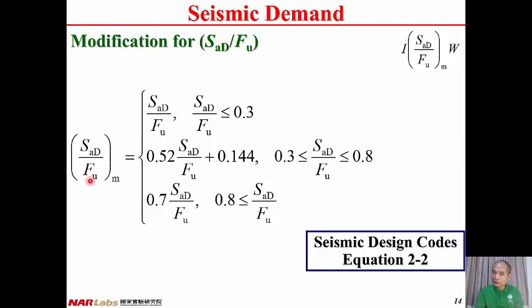Therefore, the modified SAD divided by Fu equals 0.7 times SAD divided by Fu. When SAD divided by Fu lies between 0.3 and 0.8, linear interpolation is taken, so that we join the endpoints of these two segments.